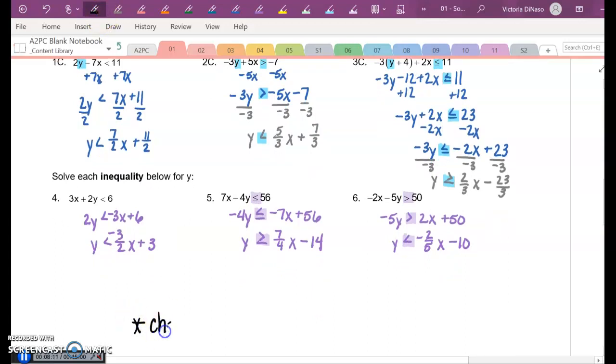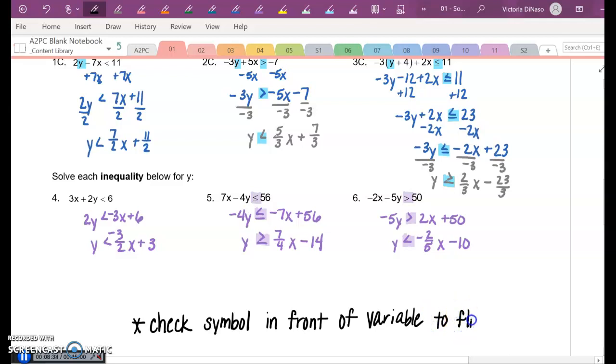To check the symbol in front of the variable we're solving for to see if we're going to flip the sign. And to flip that inequality sign.